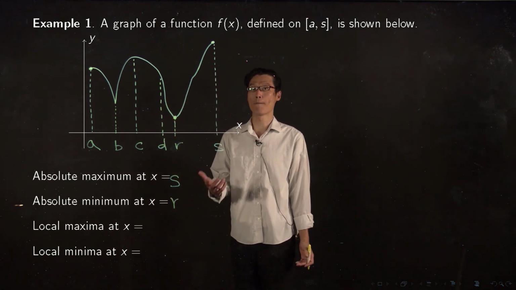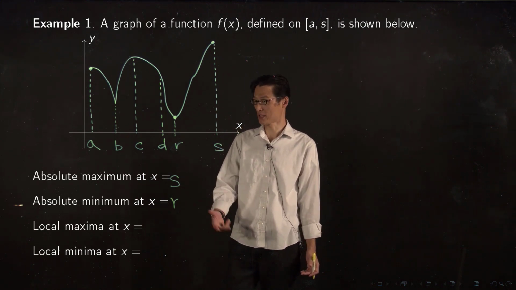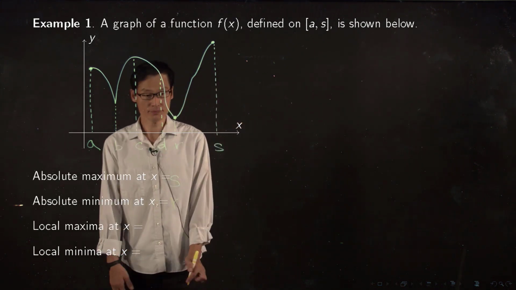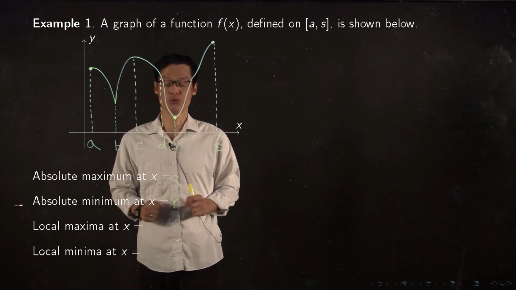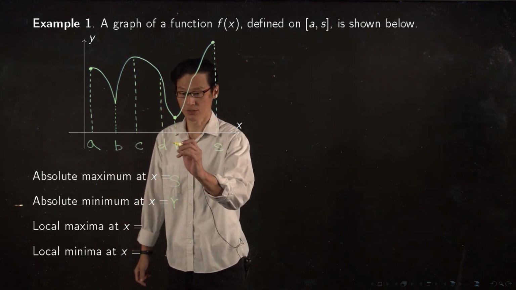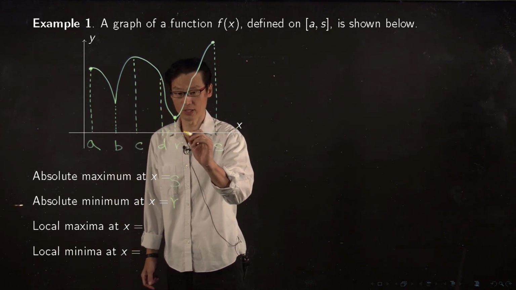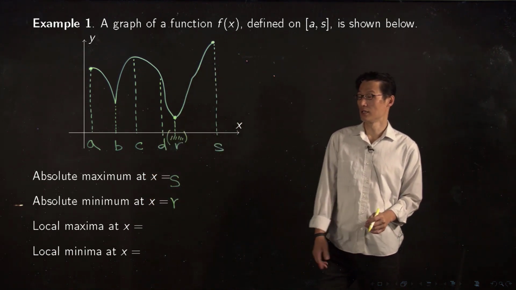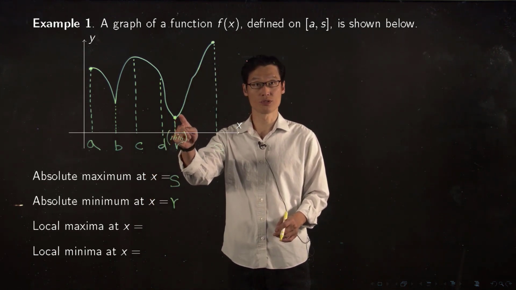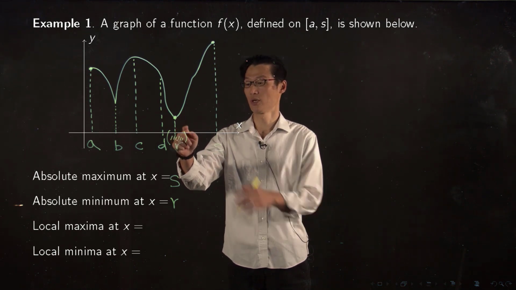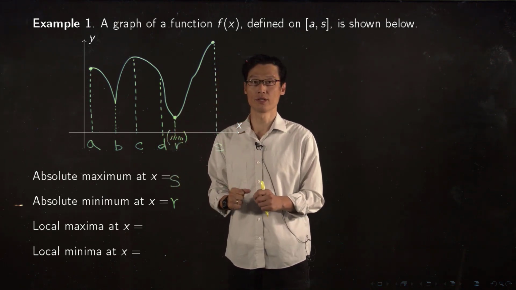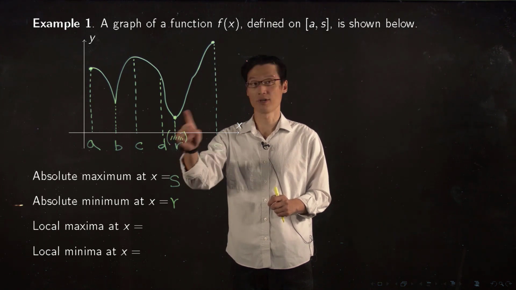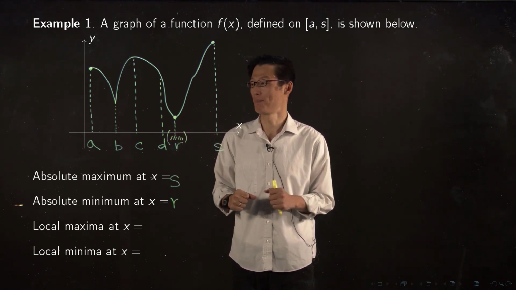And then local minimum and local maximum. Well, this will give you local minimum as well, because when you think of some interval containing r, this function value is the smallest value on this interval. In that sense, this function value is also local minimum.